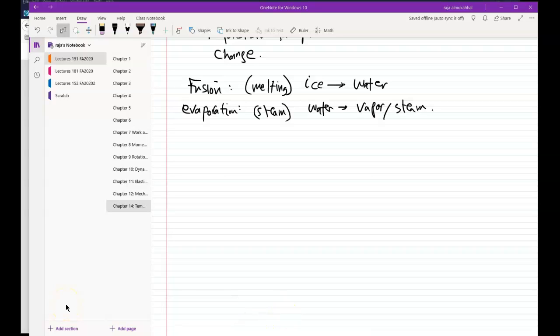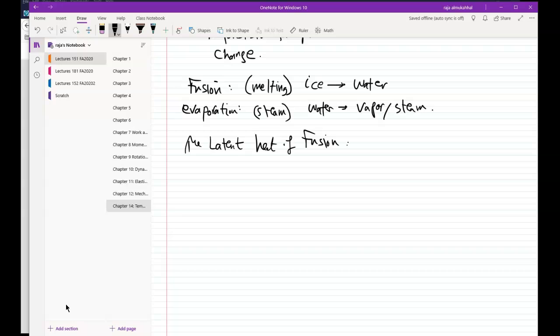So now we define what we call the latent heat of fusion. Okay, the word latent means hidden.